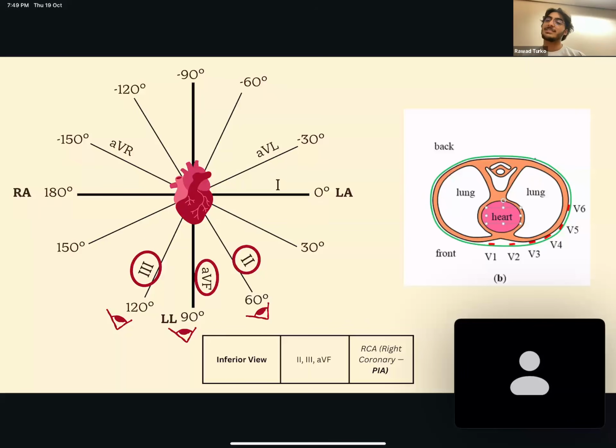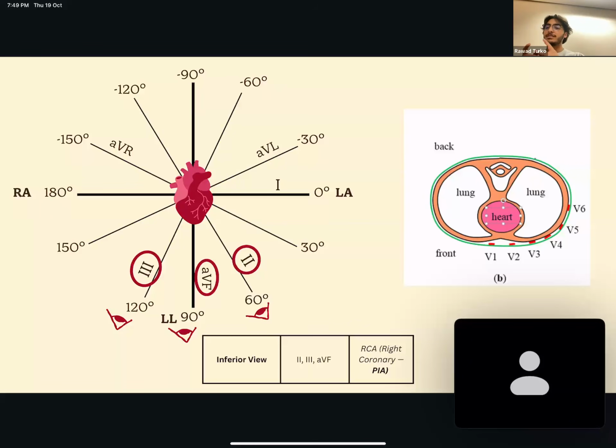I drew these little eyes there to show which direction we're looking at the heart from. So lead 2 at 60 degrees, AVF at 90 degrees, or lead 3 at 120 degrees in the frontal plane, they're all in the inferior view of the heart. We're looking at the heart inferiorly. Does that make sense?